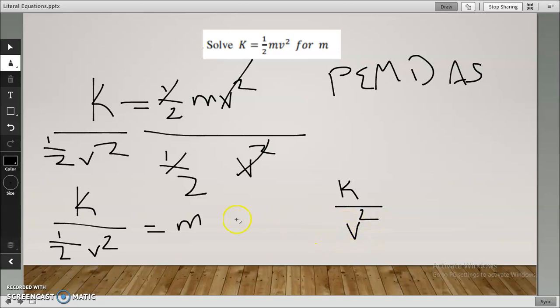I can leave that v squared there, but this 1/2, I'm going to take it and multiply it by 2 over 1, because I am keeping the top, changing this division to multiplication, and flipping this around. So it's becoming from 1/2 to 2 over 1, and that's still equal to m. I get 2K over v squared equals m.